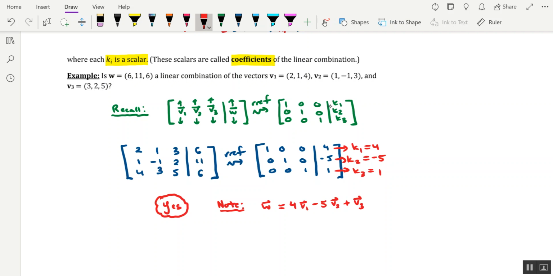Alright, and this is definitely something that's pretty cool to check. Just rewrite all the vectors with their corresponding component forms, combine everything on the right, and you will end up with the components of w.